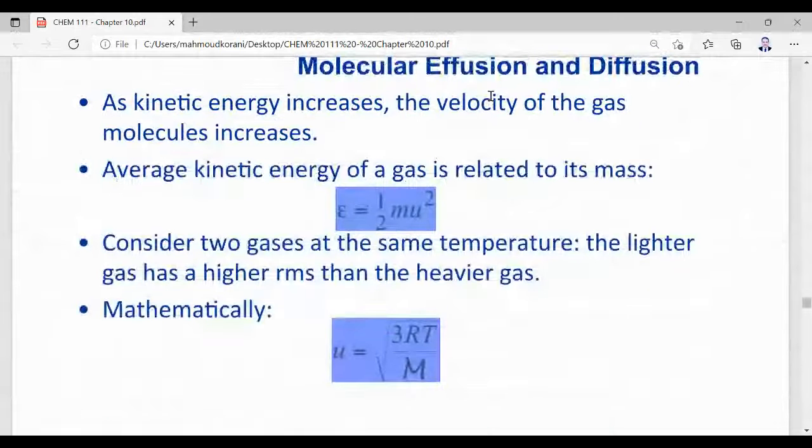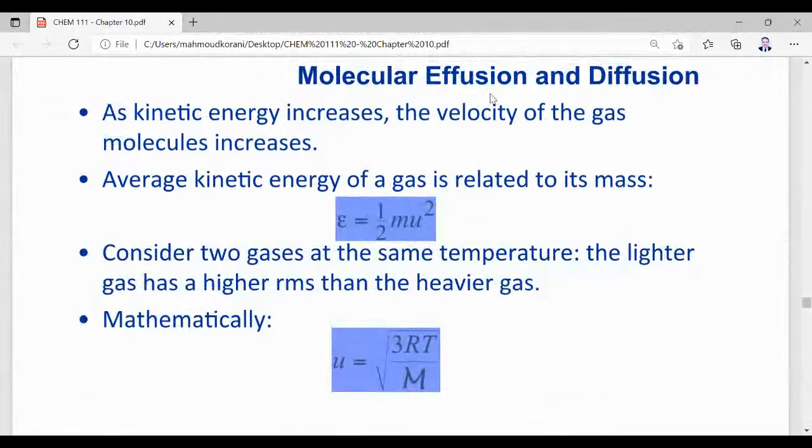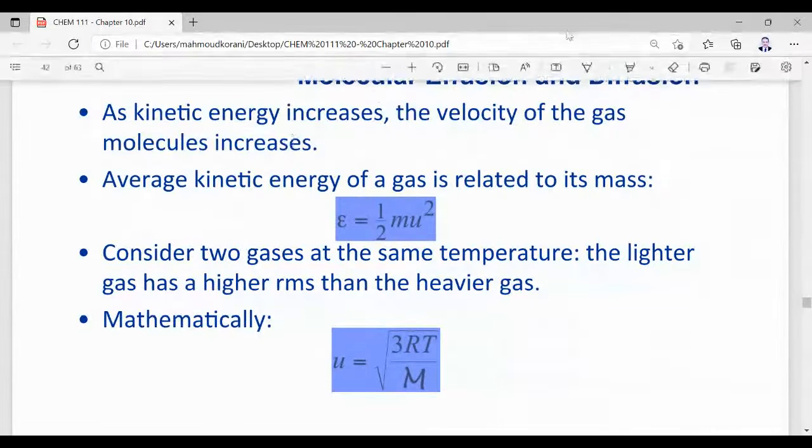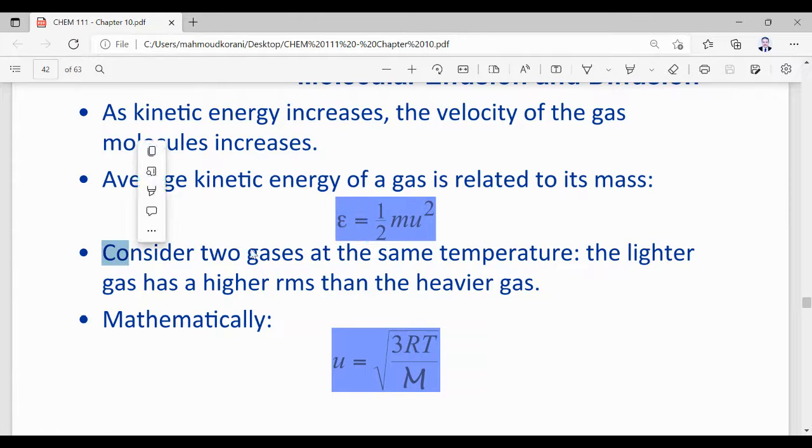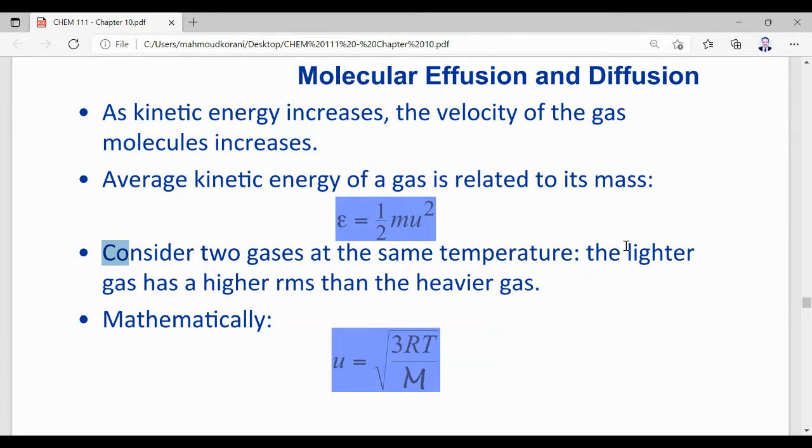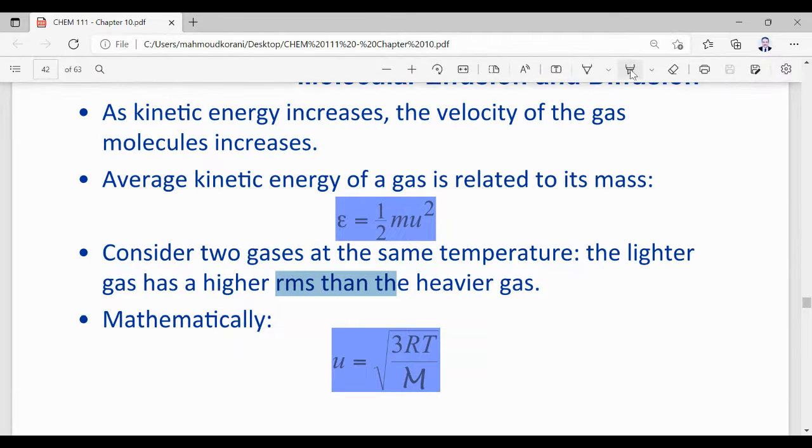Okay, as I mentioned, you have seen this slide now. The average kinetic energy is given by this one, and you have two gases. The lighter one will diffuse faster than the heavier one, and the root mean square value is given by this equation.